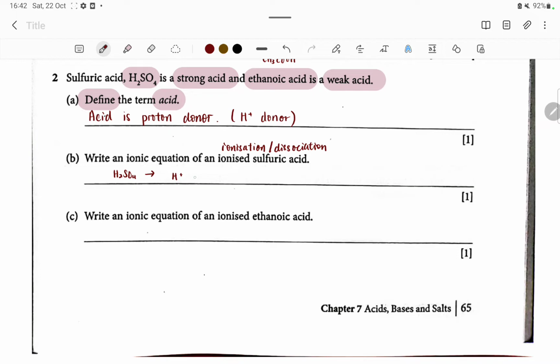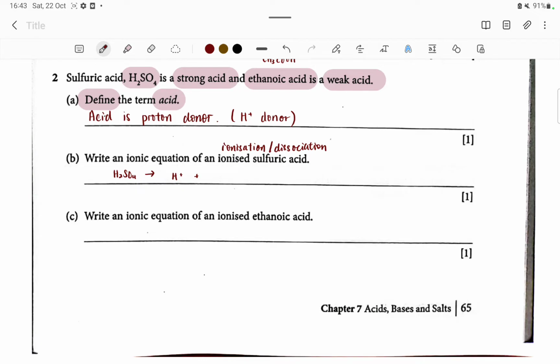H plus and okay, let's continue. Okay, so this one is, because this one is after ionized, so they only produce 1 H plus ion, only take out 1 H plus only.